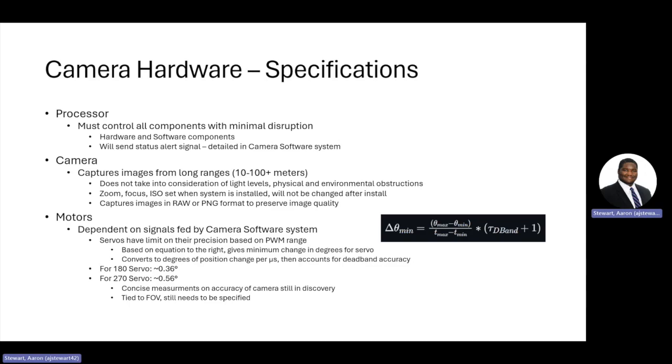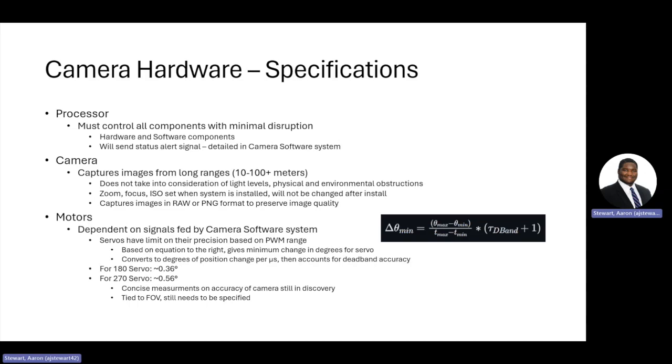So with that, we will end up having a minimum change, the minimum resolution that the motor will be able to see. For the 180, we are looking at 0.36 of a degree. And for the 270, we are looking at 0.56 of a degree, so just over half. That will constrain our precision based on the field of view itself.